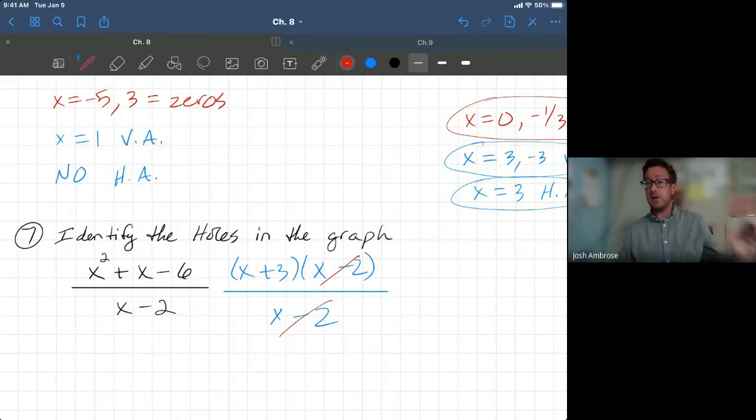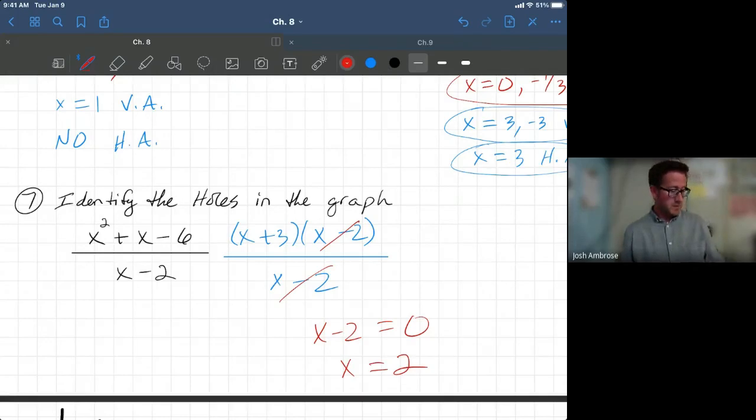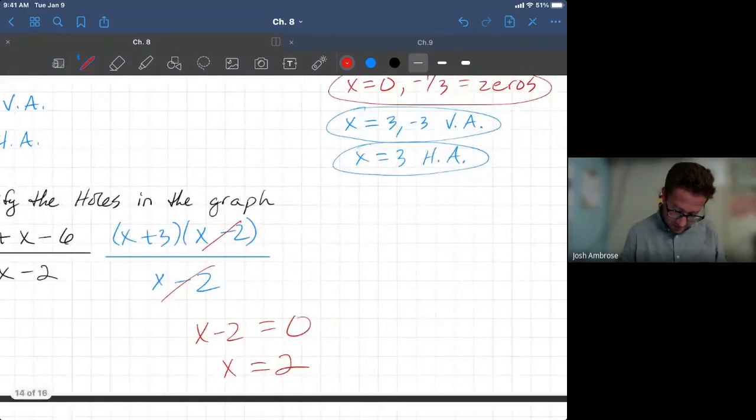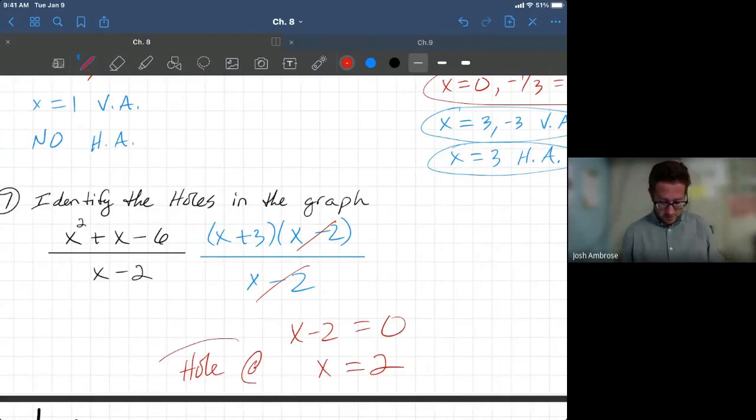So now that we know x minus 2 is what would be crossed out, we're going to focus on x minus 2, set it equal to 0, x equals 2. So that right there is actually the value that tells us that there is a hole at x equals 2.